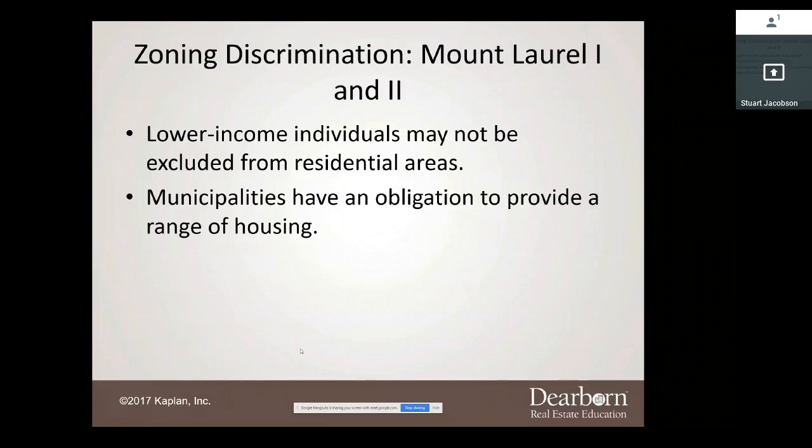So they call it Mount Laurel Decision 1 and 2. You don't need to know the finer details about it. I'm not going to go into them. However, what you need to identify is that Mount Laurel 1 and 2 have to do with lower income housing being available to residents in every town, and every municipality has an obligation to offer some sort of Mount Laurel housing.